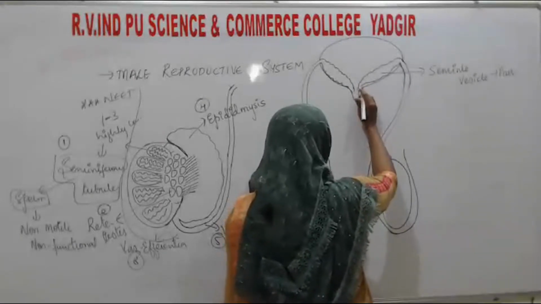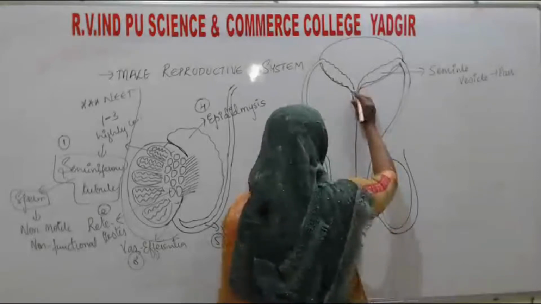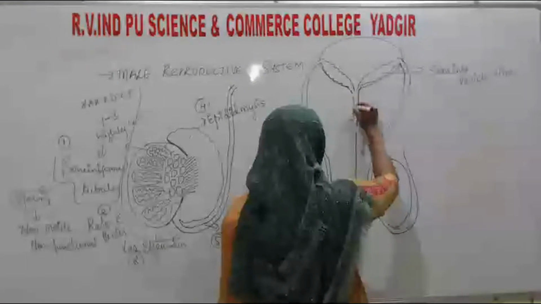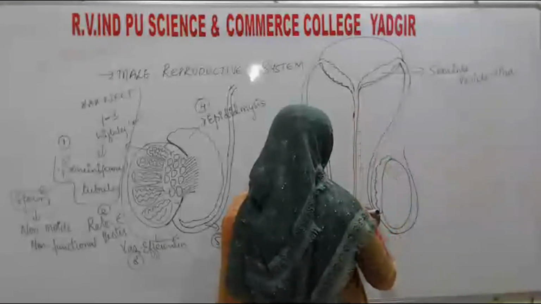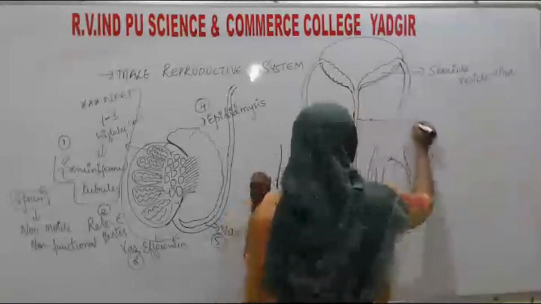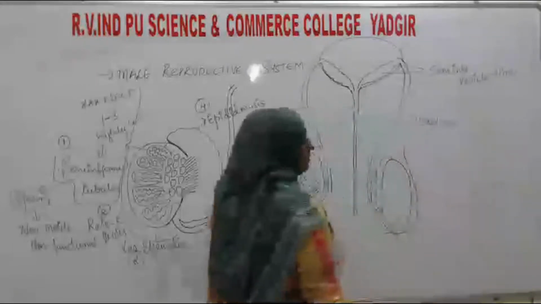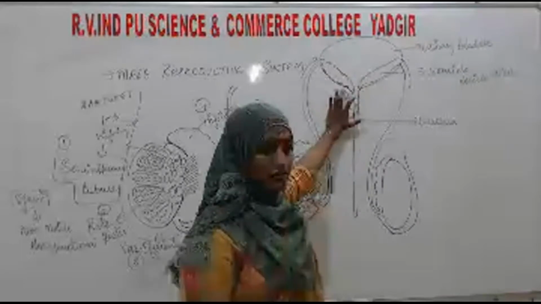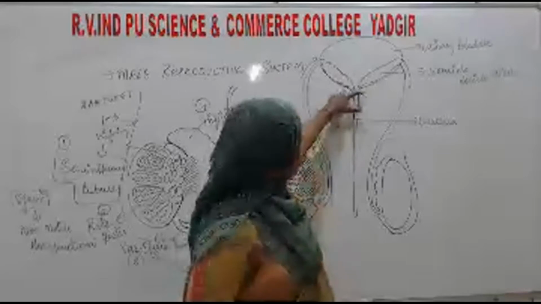This duct we can call the urethra. This duct is the urethra. For what? For the sperms as well as for the urine. From here.